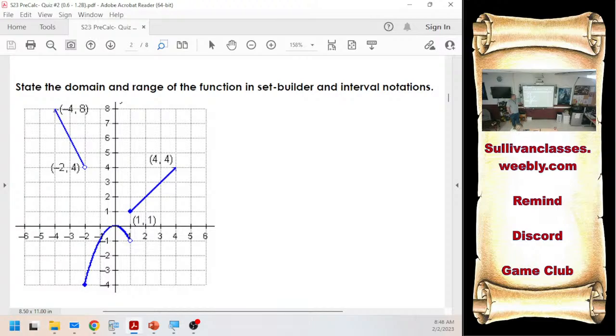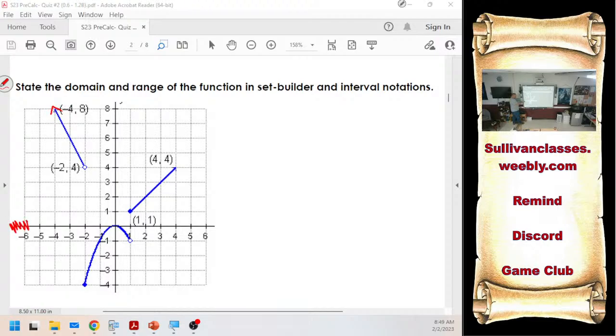All right. Domain and range in careful, set builder, and interval notation. Every year, I have kids who will do one or the other and they forget half of the problem. Make sure it actually says review and it's not my pile of original copies. So, if I'm going to look at my domain, I'm just coming across my x-axis here and asking, when does it start existing? See that arrow going off into the wild blue yonder?